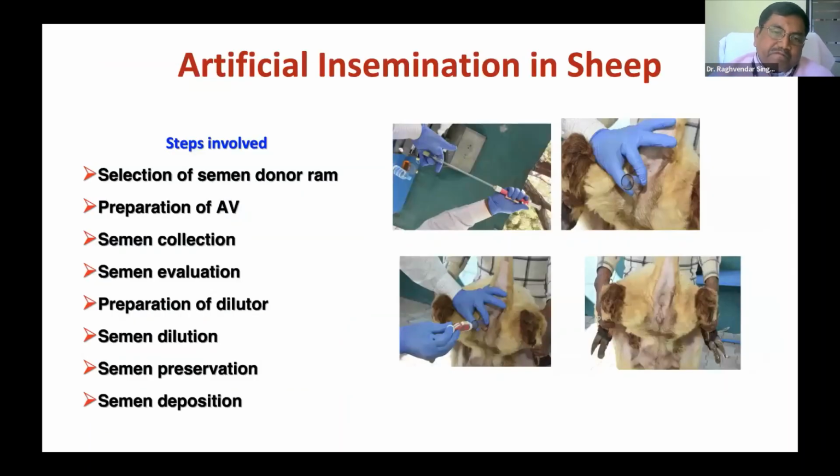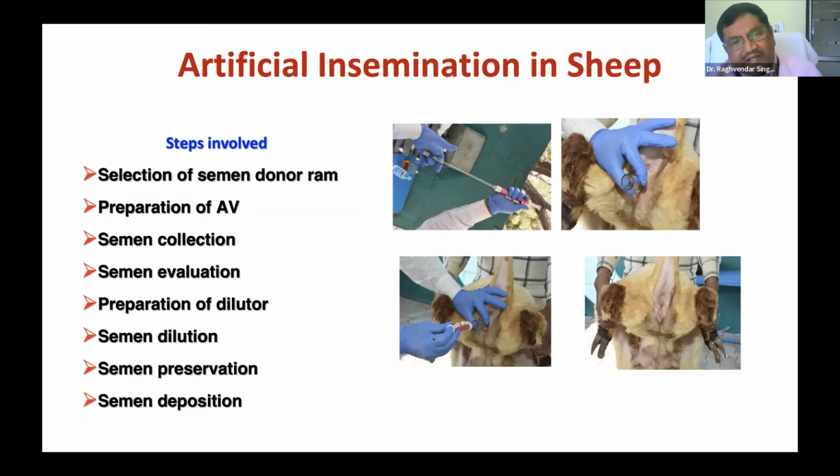Next, please. See, after the sponge out, we can go for artificial insemination. Why is this important? Because there is no need to check whether the animal is in heat or not. The day we take the sponge out from the animal, we plan the artificial insemination. We collect the semen from the donor, or you can go for natural mating also. But we are doing artificial insemination here.